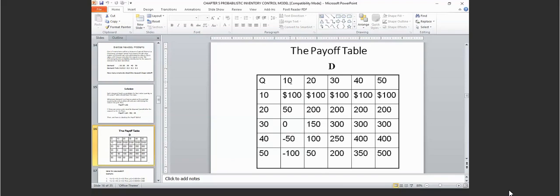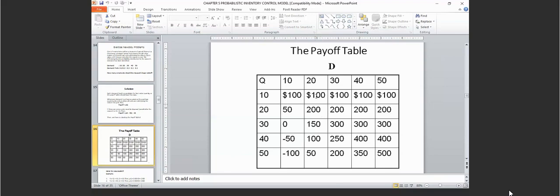Let's say we are only able to sell 10 units of ornament, so the profit will be 100 ringgit and there are 30 units of unsold ornament. 30 units of unsold ornament multiplied with the loss per unit of 5 ringgit, we have 150. So 100 ringgit of profit minus 150 ringgit of loss, we have a loss of 50 ringgit in this cell.